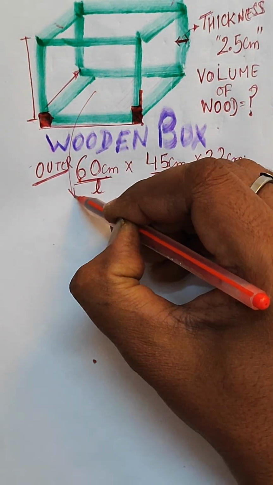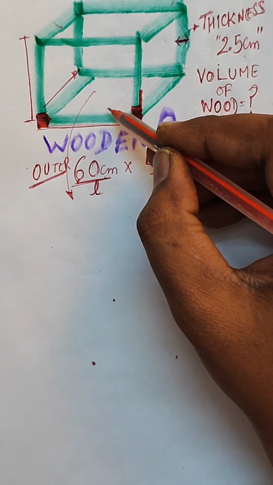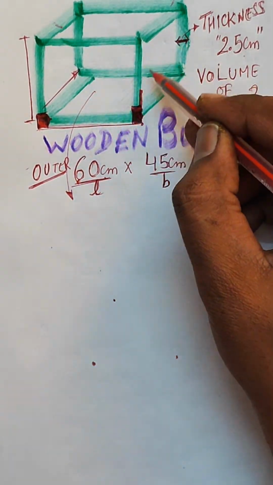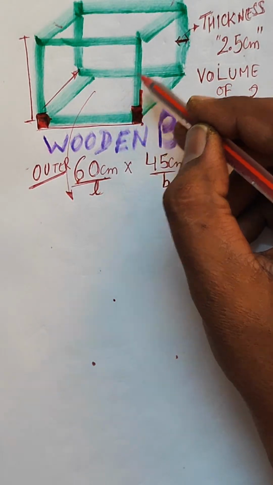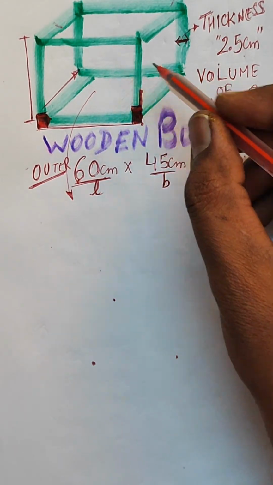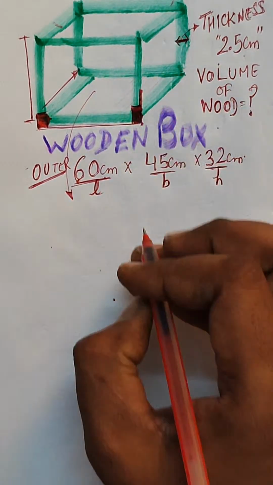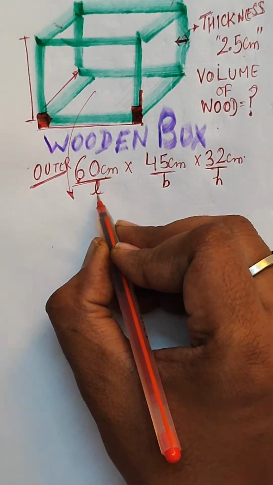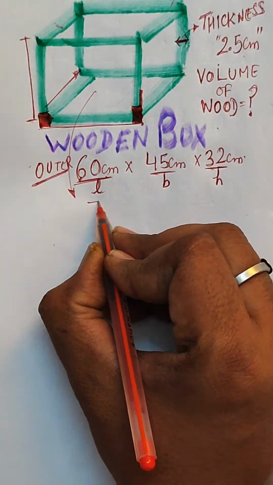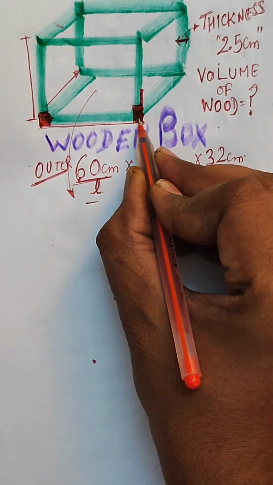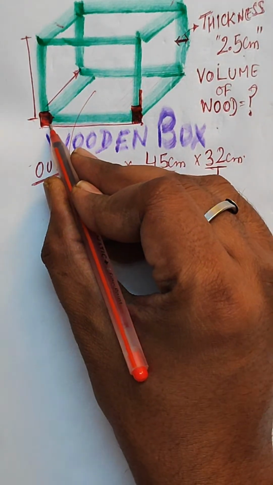I want to calculate the volume of this air box, that means the vacant space. That box will have a length of 60 centimeter minus this thickness and minus this thickness.